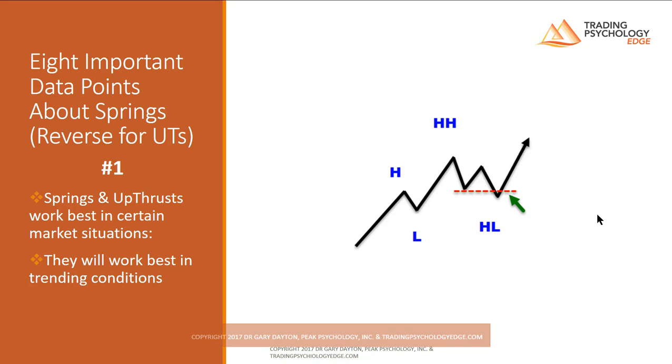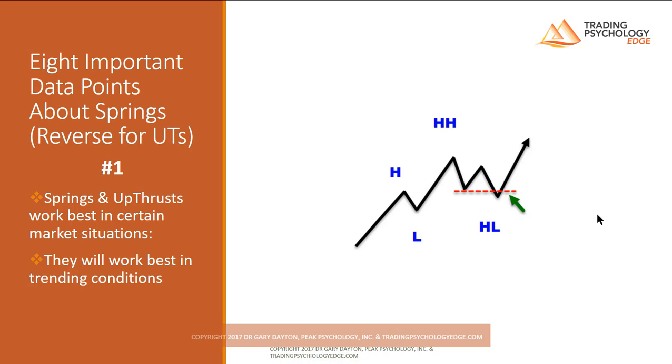So the first important point, or the first key concept here, is that they work best in certain situations. And of all of the situations that they work well in, they work the very best in trending conditions. Doesn't mean that they're going to be 100%, but they're going to have much higher odds when you're taking a spring in an uptrend or an upthrust in a downtrend.